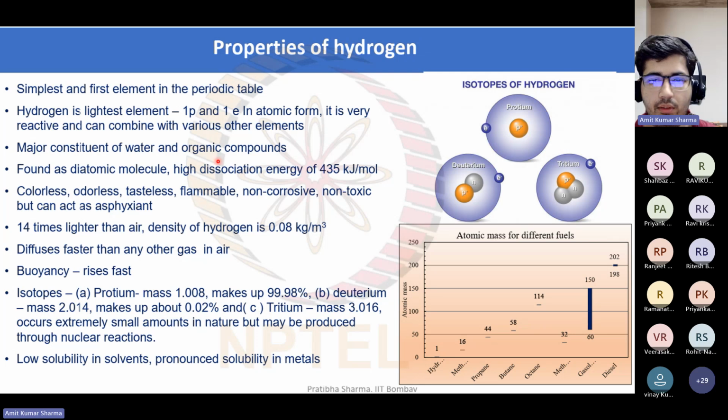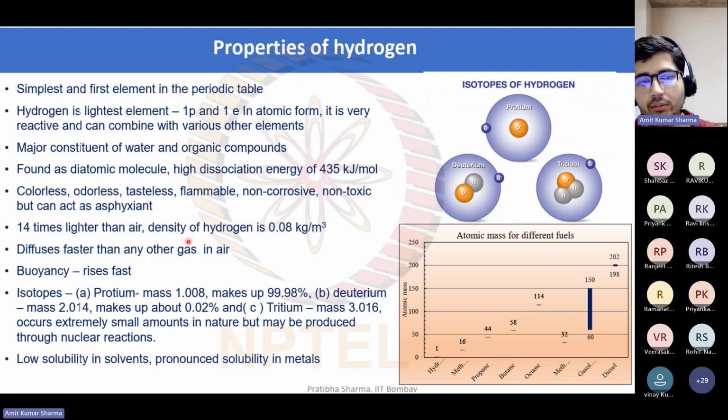Now the basic properties. Mainly three isotopes are there: protium, deuterium, and tritium. It's the lightest element and is 14 times lighter than air. The density of hydrogen is 0.08 kg per meter cube.